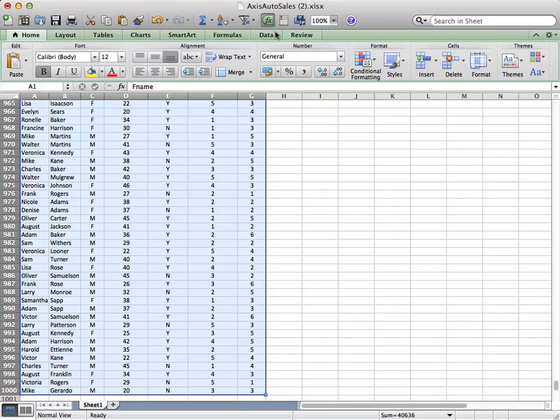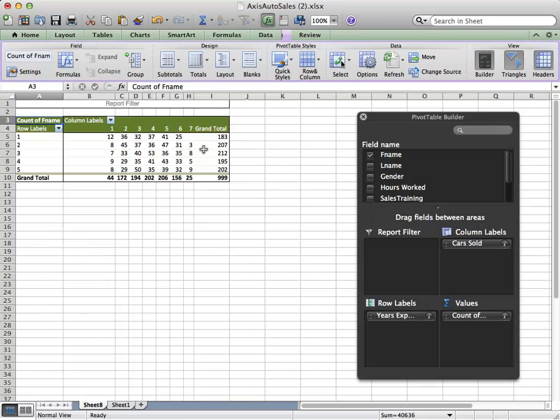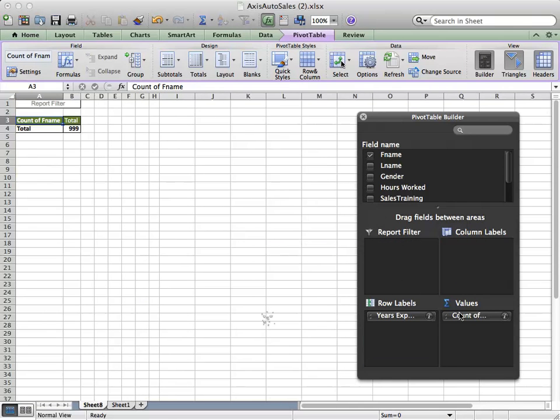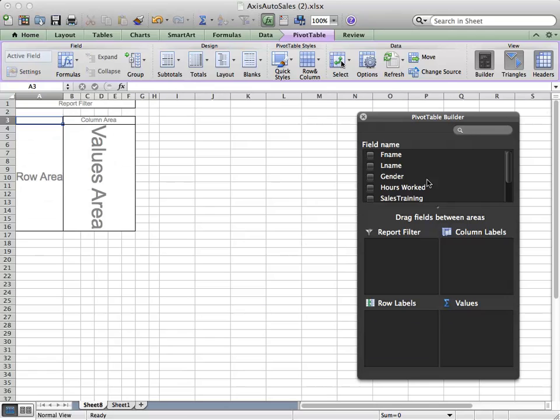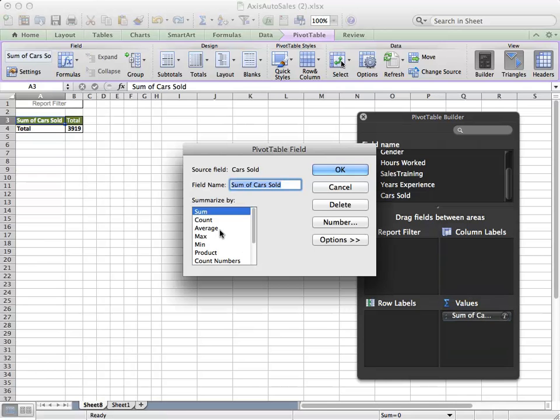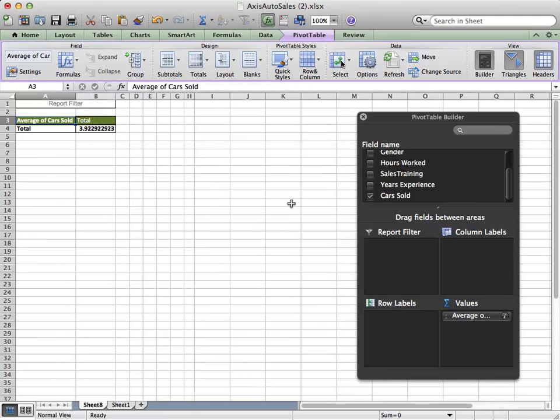So we're going to go to data, pivot table, and cars sold, average. The average of cars sold across all of our salespeople is 3.9. And that's question A.